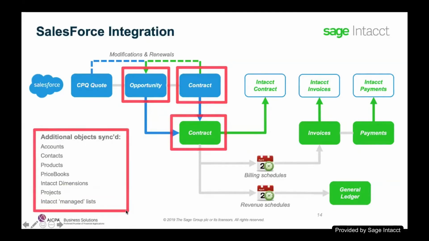Accounts, contacts, products, price books, the Intacct dimensions, as well as projects and other managed lists will all be synced over from Salesforce into Intacct and bi-directionally from Intacct back into Salesforce. So now, having said that, we can jump right into our Salesforce instance here to take a look at that integration.